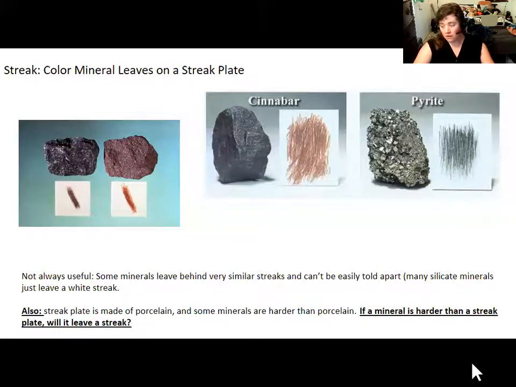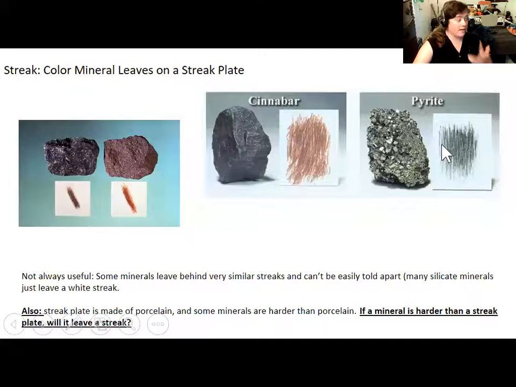It's useful for a lot of oxide and sulfide minerals that you find in hot springs or in the veins where you find gold and silver. The reason why the color's different sometimes is that there's a difference in how the light makes it appear if you have a single layer of the mineral, which is what's on the streak plate, versus a big chunk of the mineral.